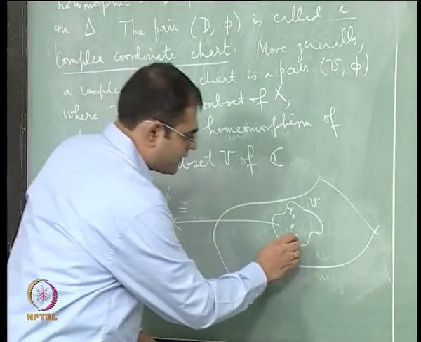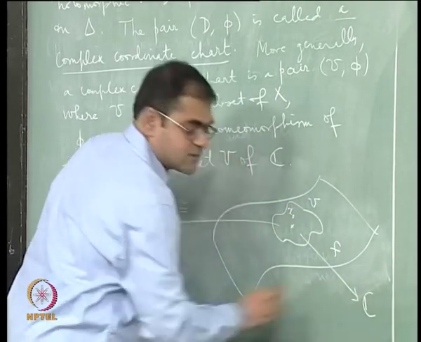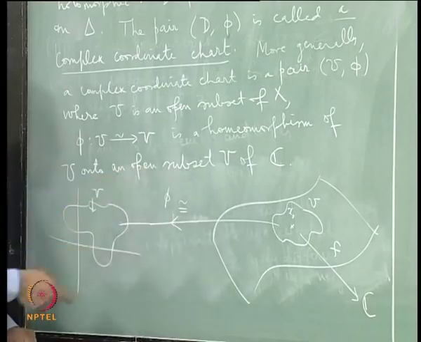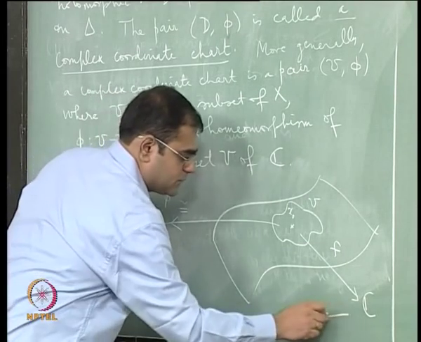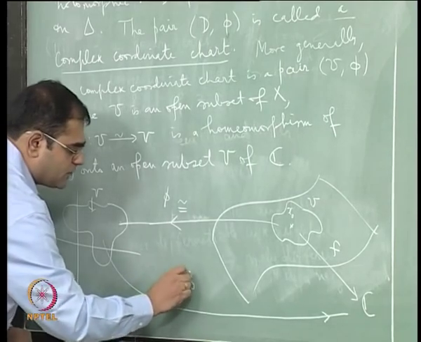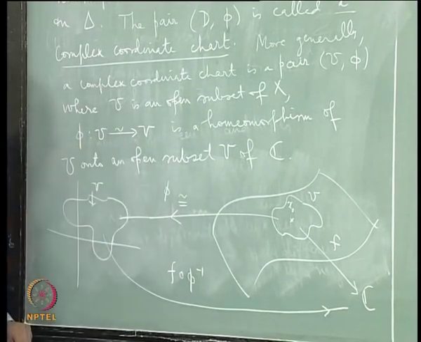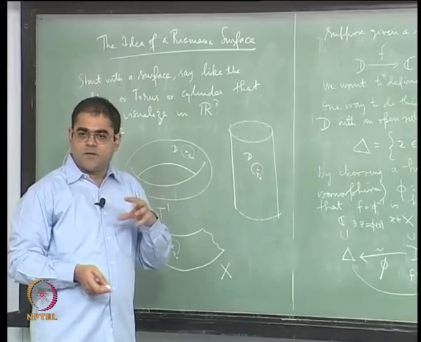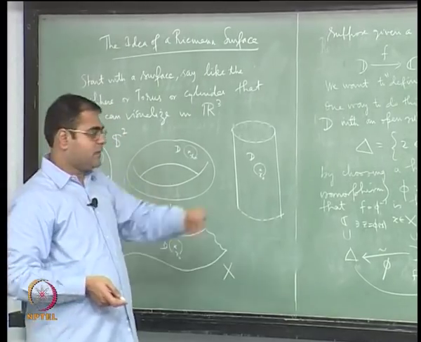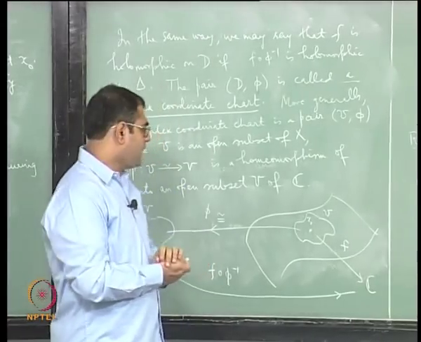It is useful because whenever I have a function f defined on U taking values in C, I can call f holomorphic if the composite function, which is given by phi inverse followed by f, is holomorphic. I chose to begin with a disk because it is intuitive, but instead of a disk I could have had an open set. Fine.